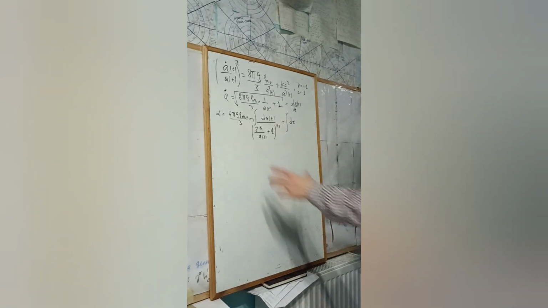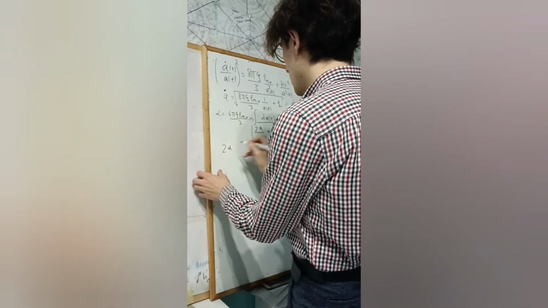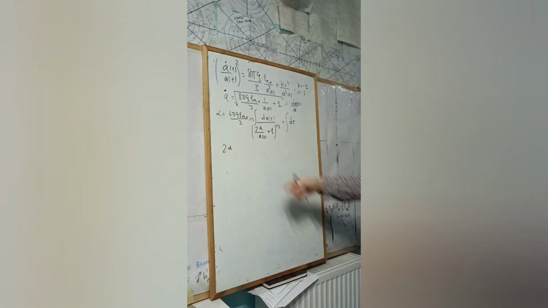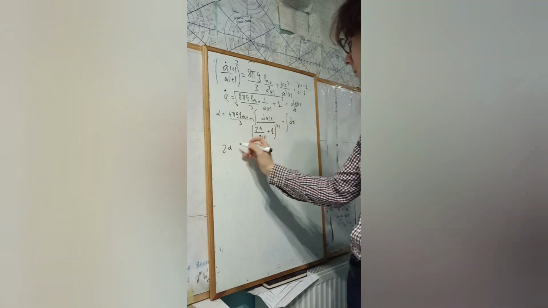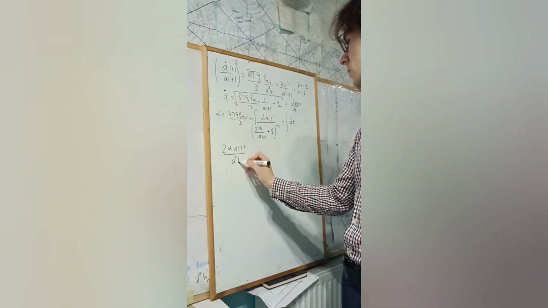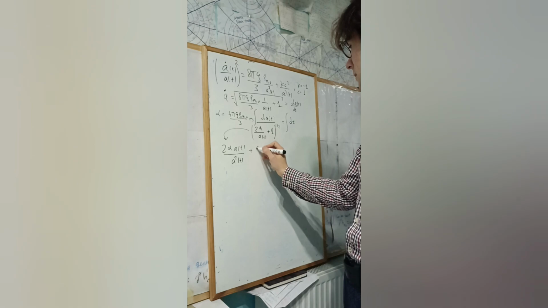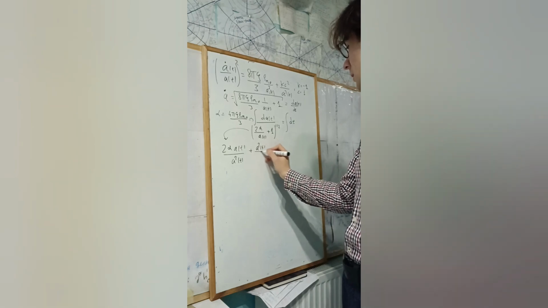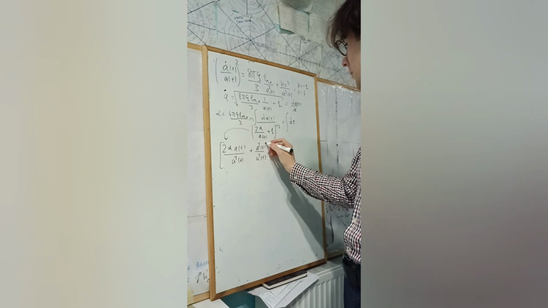Before we integrate it, let's consider this part a little bit more. 2 alpha, I intend to multiply both sides, a and a alpha of t divided by a squared of t, take this part, plus a squared of t divided by a squared of t, and its square root.